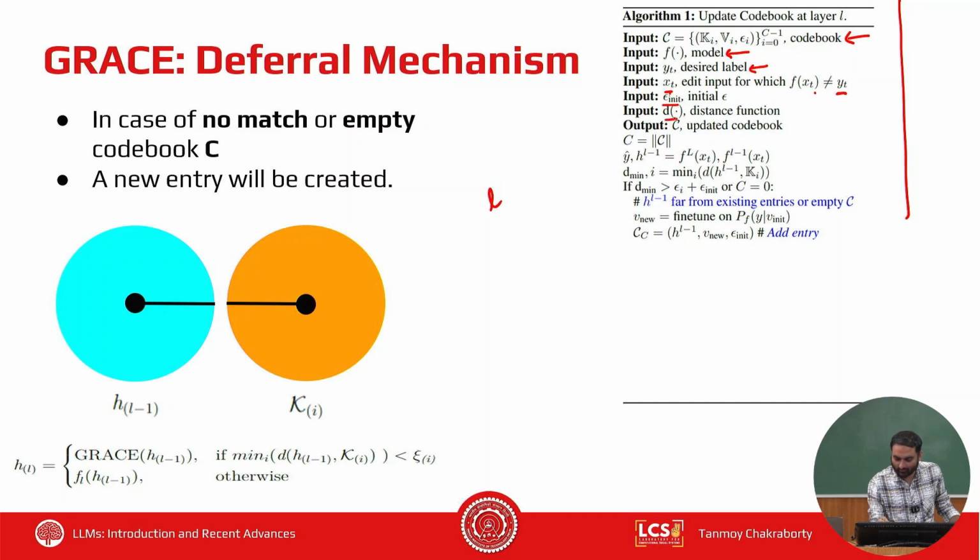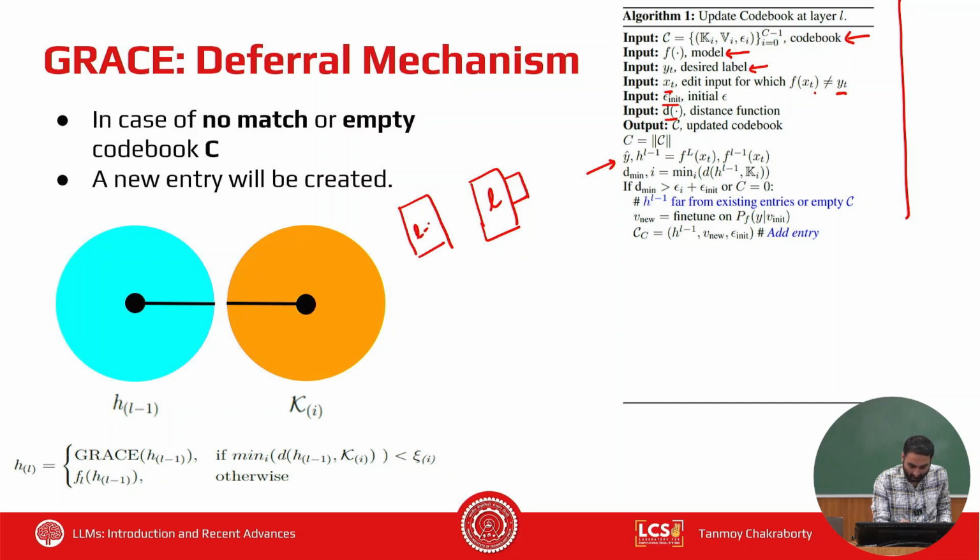Okay, for this algorithm we need a distance function. The distance function can be cosine, can be Euclidean. Let's assume that the distance function is d. Okay, the algorithm starts. Look at this line. So this is the lth layer which I am interested in, and I would like to add an adapter here, and this is my (L minus 1)th layer.